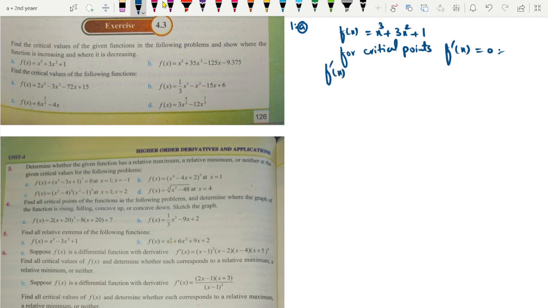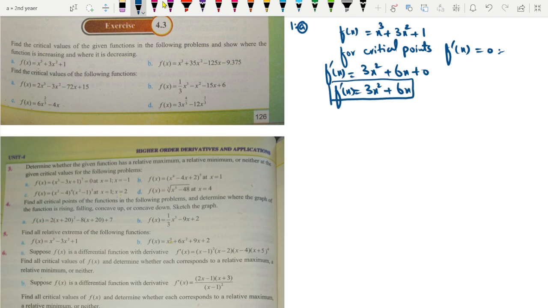F prime of x is equal to 3x square plus 6x plus 0. So this will become 3x square plus 6x. So we take the derivative of the f of x.